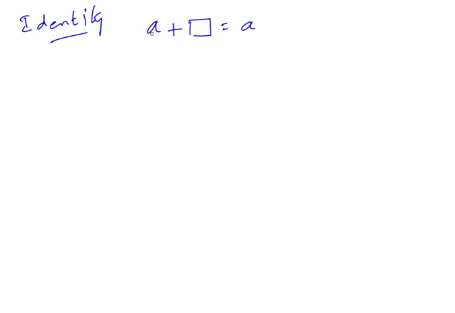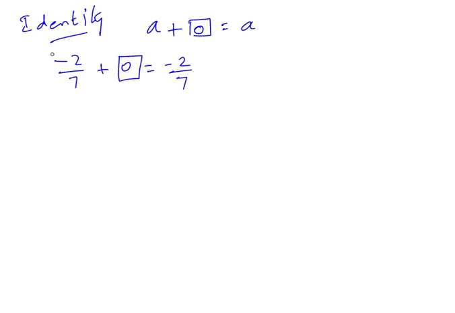So, whatever number we have taken, if we add 0, we will get the same number. In natural numbers, whole numbers as well as integers, the same is applicable in rational numbers also. Suppose minus 2 by 7 is a rational number. With this, if we add 0, it will become minus 2 by 7 again.